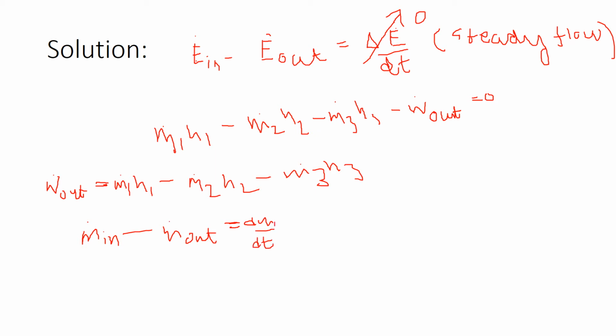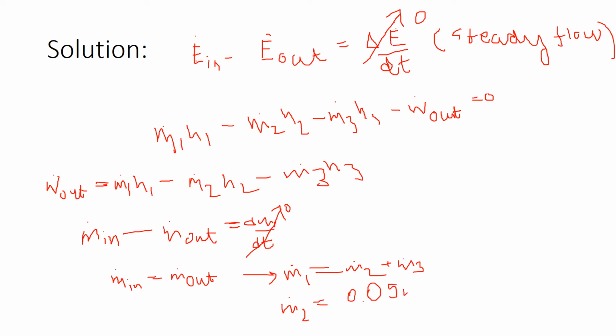But since we are dealing with a steady flow system, this is going to be 0, so we can write mass in equal to mass out, which states that m dot 1 is equal to m dot 2 plus m dot 3. We know that m dot 2 is 5% of m dot 1, so m dot 2 is 0.05 of m dot 1.